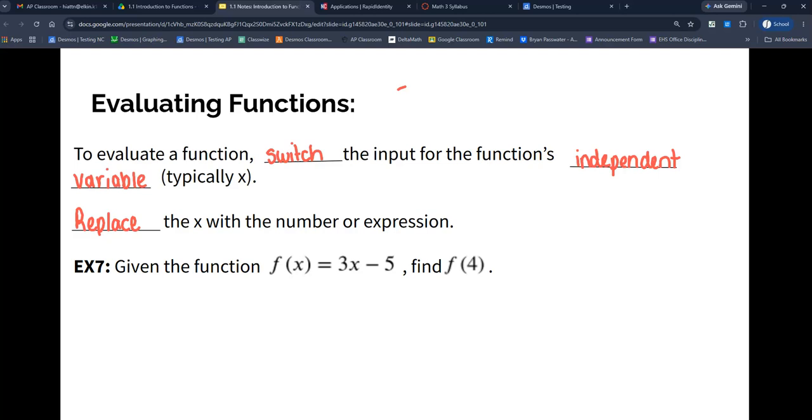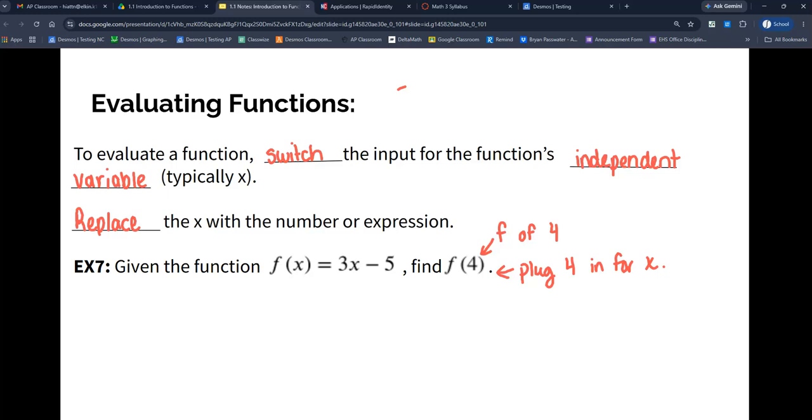So we're going to start out real simple. We've got a pretty simple function here, f of x equals 3x minus 5. They say find f of 4. So the way that you would read this is f of 4. Now what it means to find f of 4 is plug 4 in for the x.